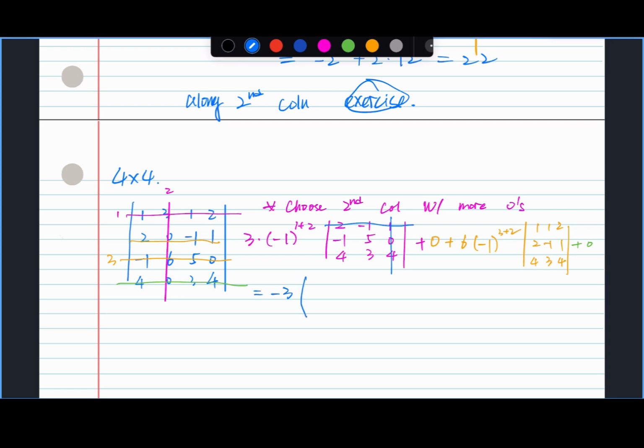So first we got 1 multiplied by negative 1 raised to 2, 1.